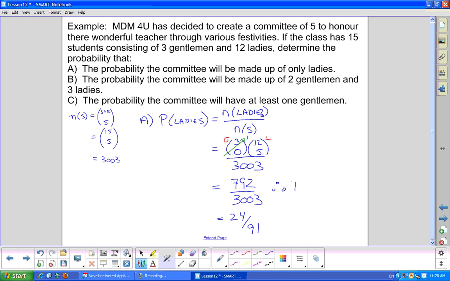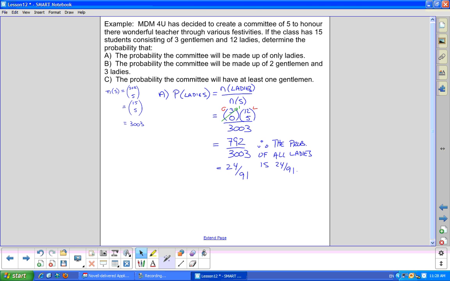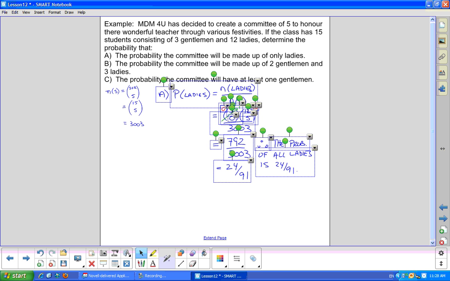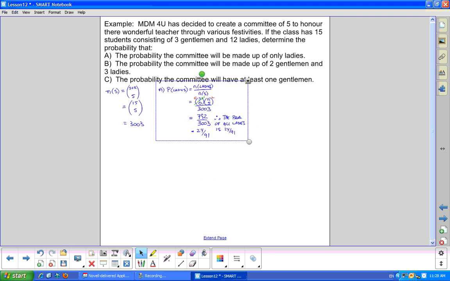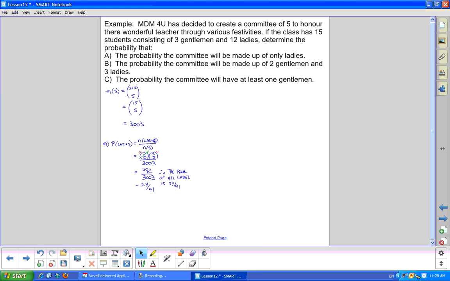So therefore, the probability of all ladies is 24/91, so about 26%. All right. I'll just clean this up a little bit, group and shrink it and put it over here. Okay, on to B part.